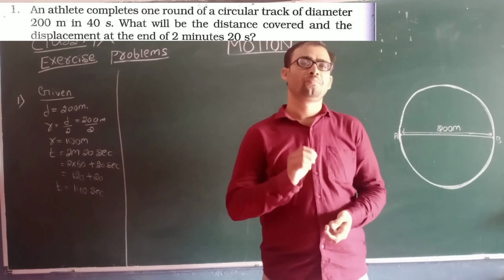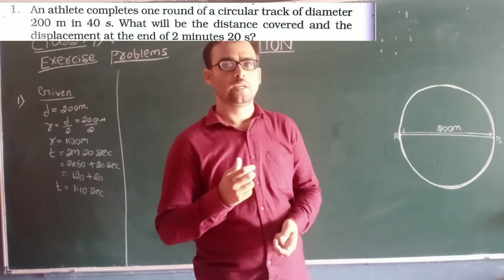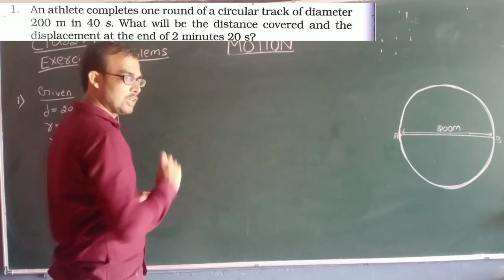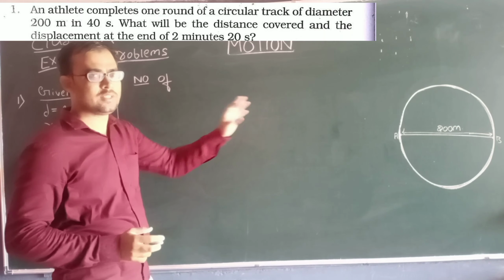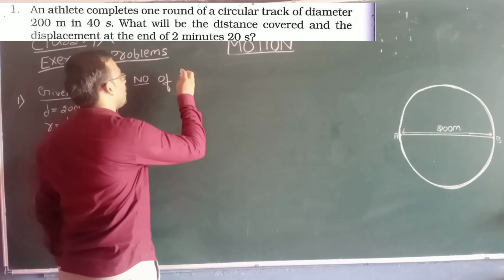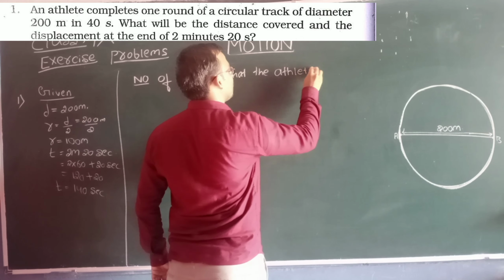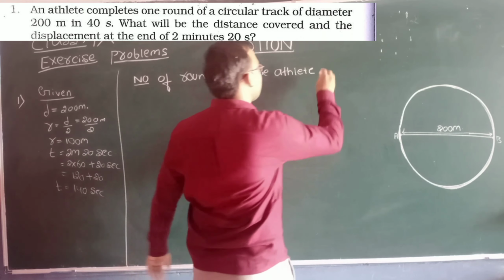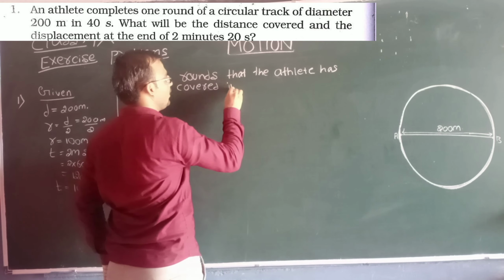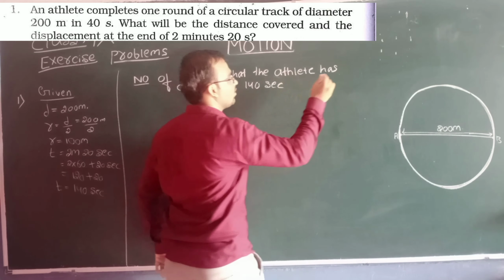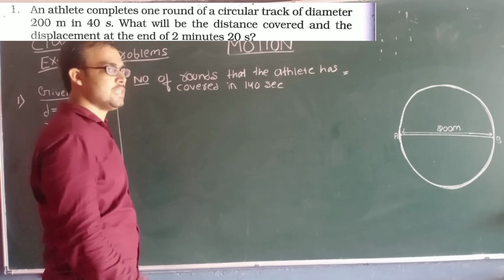So now what will we do? We will find the number of rotations, the number of rounds that the athlete has covered around the circular path in 140 seconds.